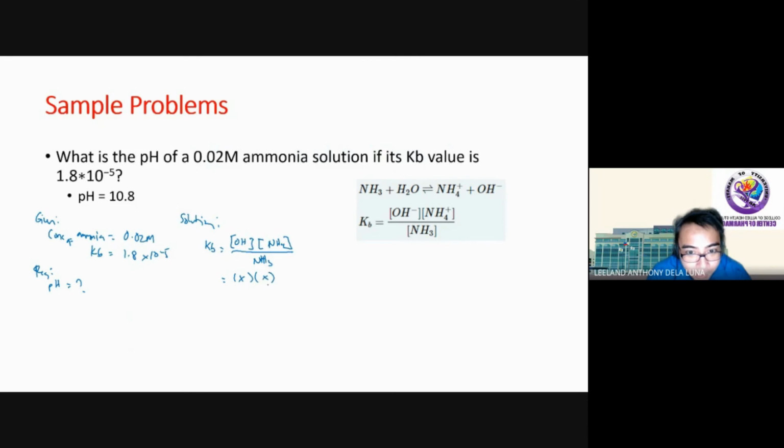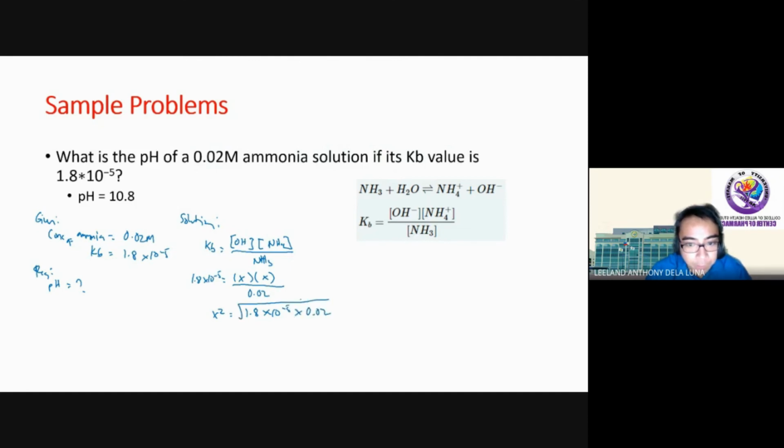Hindi ko alam kung gaano karaming hydroxyl ions ang ilalabas niya. Pero alam ko yung sa ammonia solution ko, which is 0.02. And my Kb is equal to 1.8 times 10 to the negative 5. Okay? So again, class, cross-multiply na lang. X squared equals 1.8 times 10 to the negative 5 times 0.02.